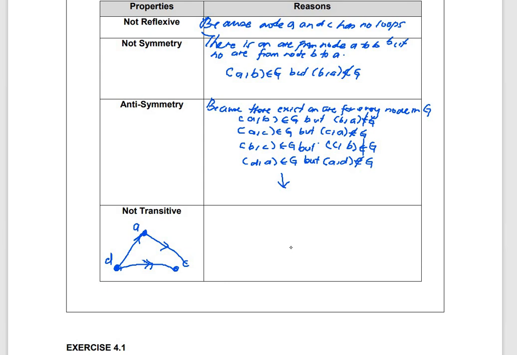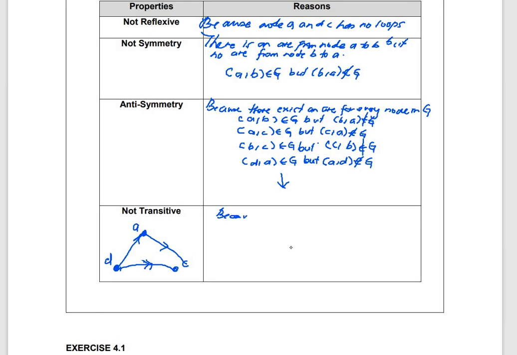So, not transitive because there is an arc from D, A and A, C, but no arc from D, C. Okay?